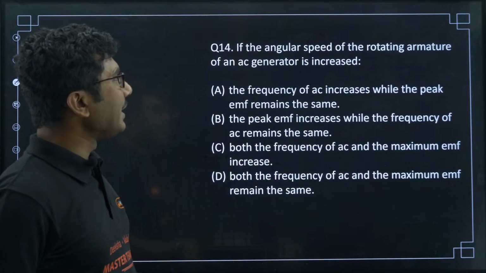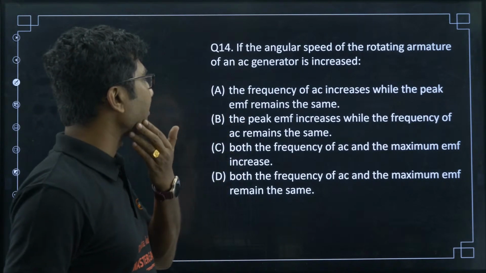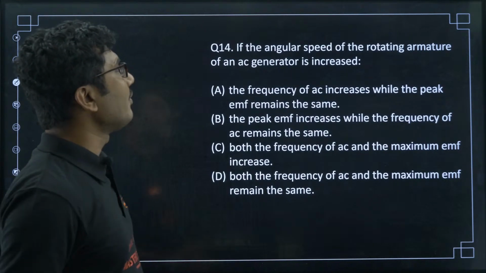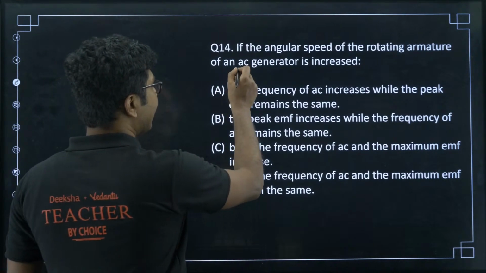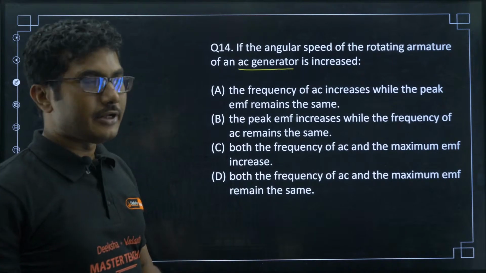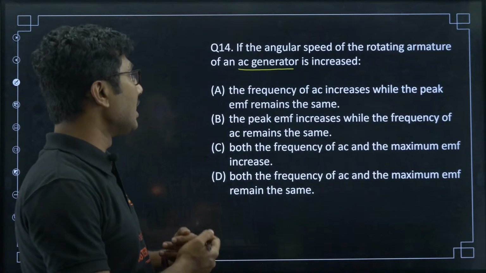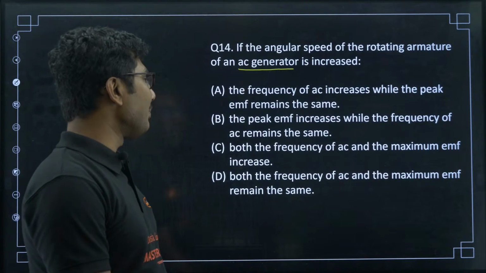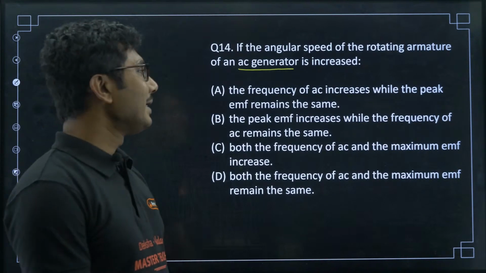If the angular speed of the rotating armature of an AC generator is increased, so you have increased the angular rotational speed. The frequency of AC increases while the peak EMF remains the same.